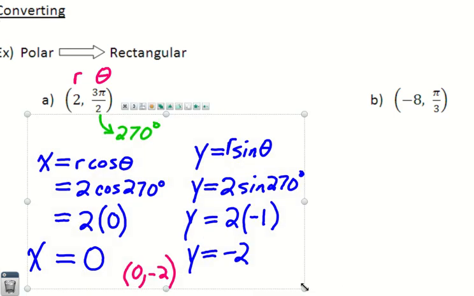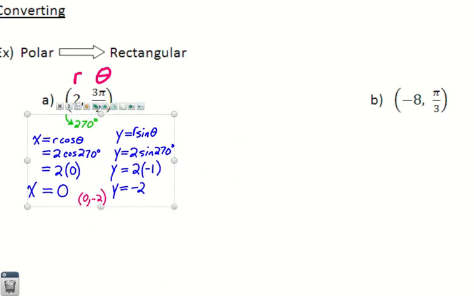Next example, just giving myself some more space here to work. You would do the same thing because we want to change this r and that theta to what it would mean as far as x and y. So same song and dance.